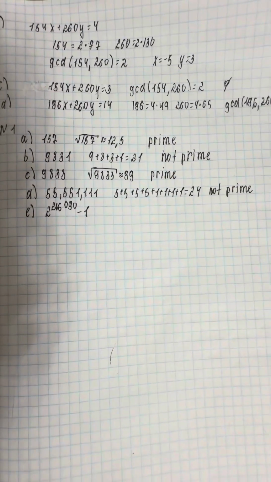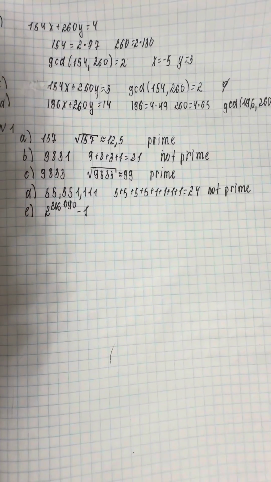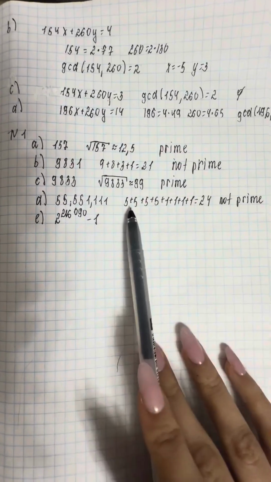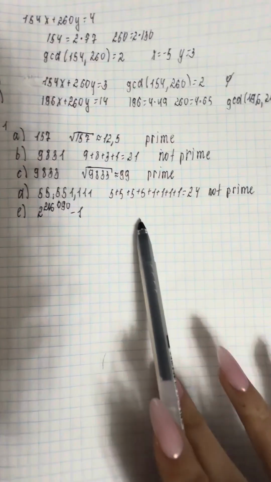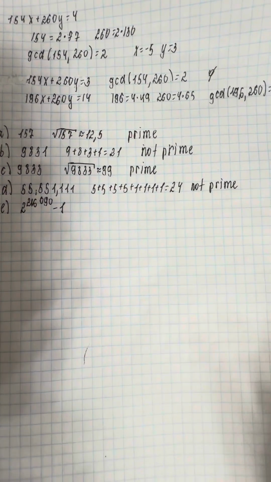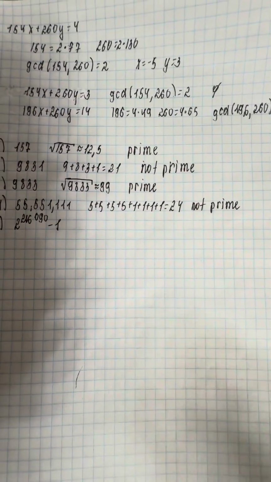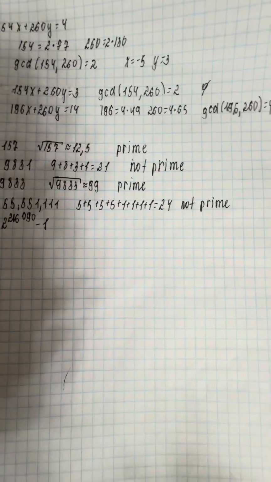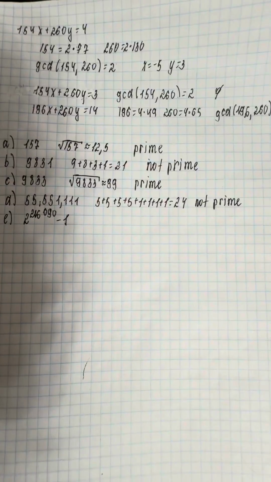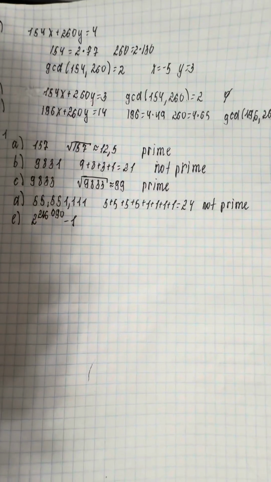And part D, we need to find the sum of these digits, and the sum of these digits equals 24, and 24 is divisible by 3, and it means that this number is also divisible by 3 and is not prime.